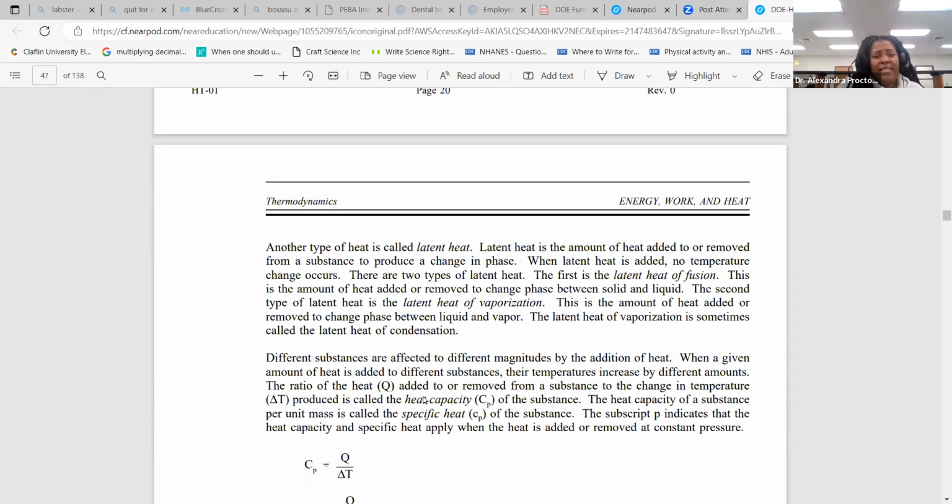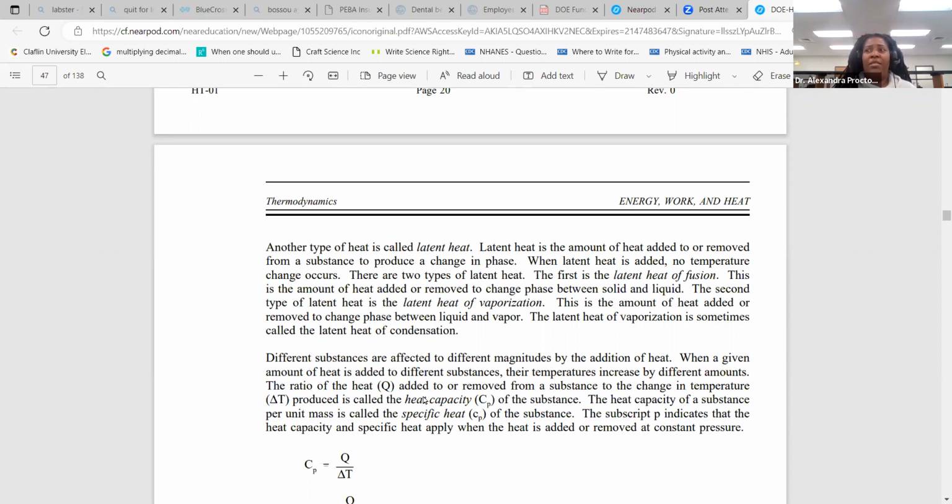So another type of heat is latent heat, and this is the amount of heat added to or removed from a substance to cause a phase change. If you want to go from solid to liquid or liquid to gas, you'll see on a diagram that you have to consider the amount of heat that's added or removed from the substance to change that phase.